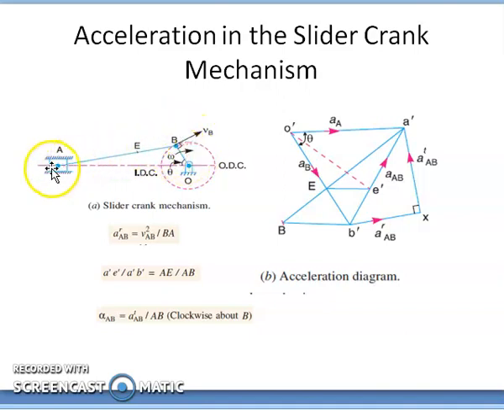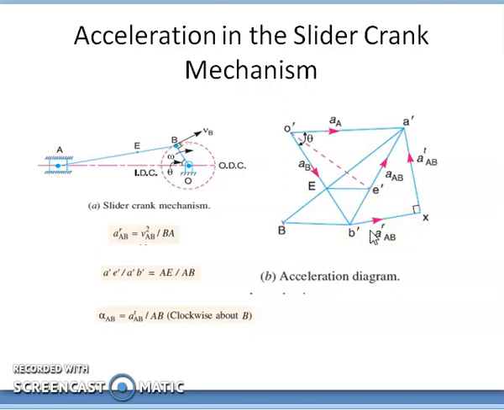Acceleration of B with respect to A; so it is acceleration of A with respect to B. Here B is acting as the center, so the acceleration vector will be from A to B. From the point B', draw a vector parallel to AB and the arrowhead should be pointing towards B. So you get the radial component of the acceleration vector.